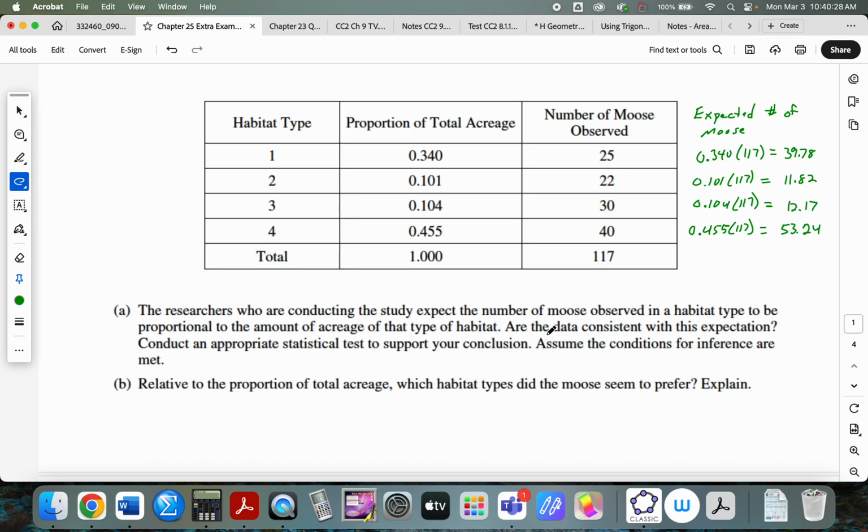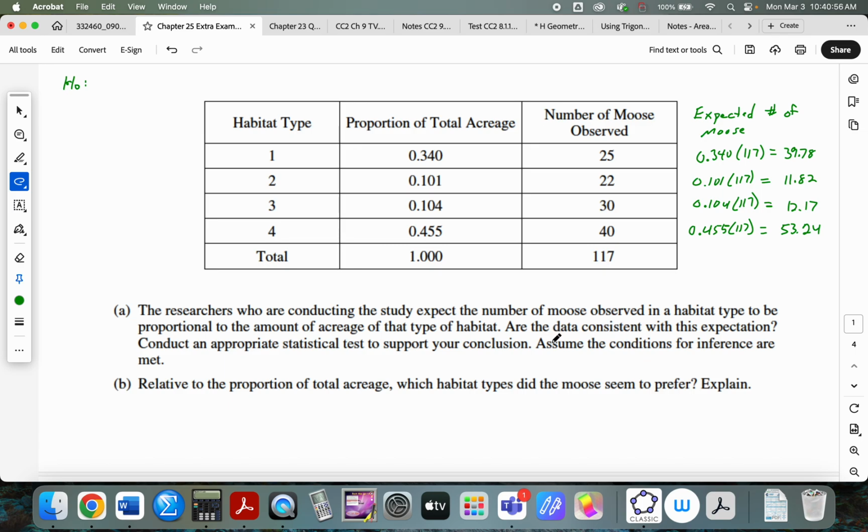You could be thinking about what the hypothesis should be. This one where we always write it out. I think so, yeah. Just that chapter. Yeah, you're going to have to write out. So, what is our null hypothesis? That our expected is equal to our observed. Our expected number of moose are equal to the observed number of moose. But you have to be a little more specific about that.